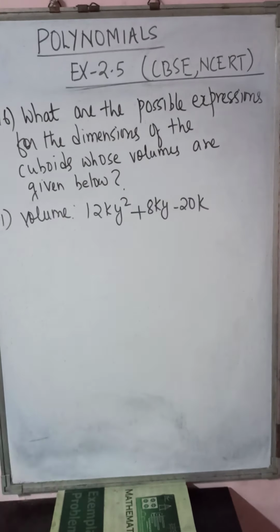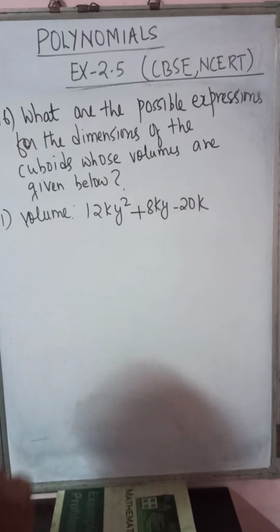Question number 16, second part. Volume is given in form of quadratic equation. Again you need to find the length, breadth and height. So I'm just checking how to factorize this. I can find out what is common in all the terms. We will take out first common that. Okay, so I think 4. 4 3s are, 4 2s are, 4 5s are. Other than 4, k is also common. Y is present in first two terms but not in the third term.